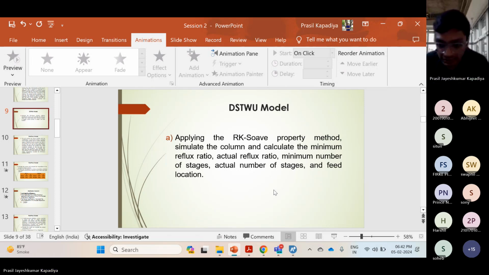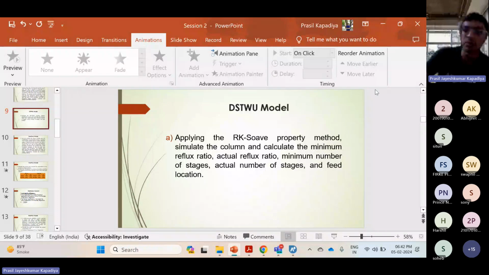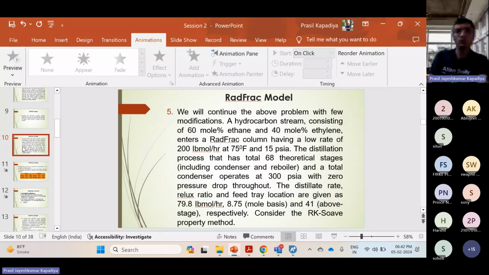So from this minimum data, we used the shortcut method and we estimated the minimum number of trays and minimum reflux ratio required. Now let's go ahead for the RadFrac model.